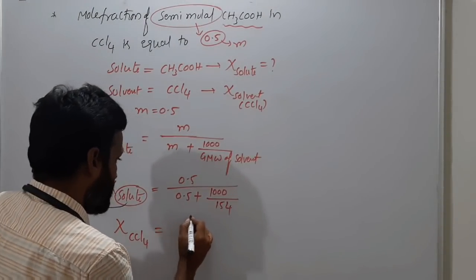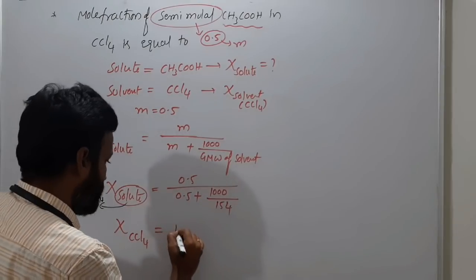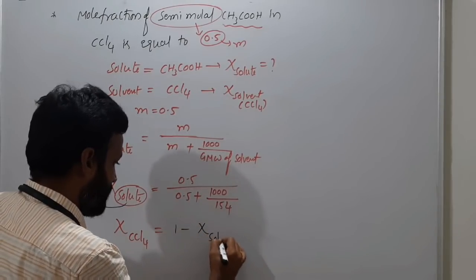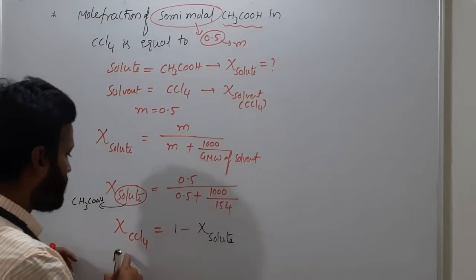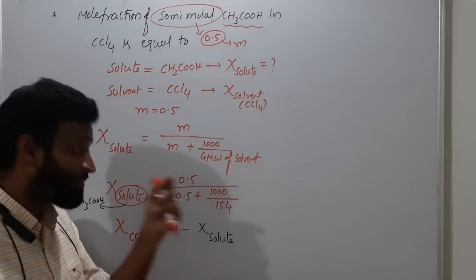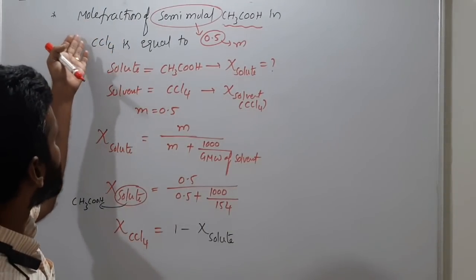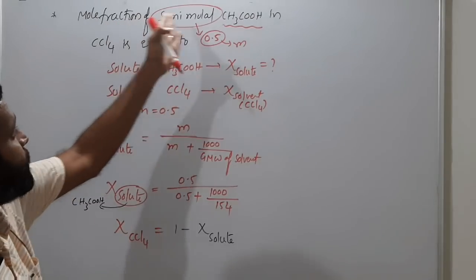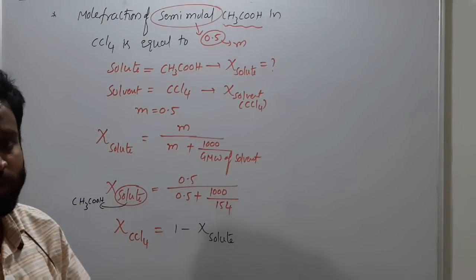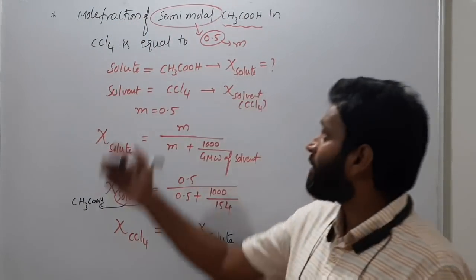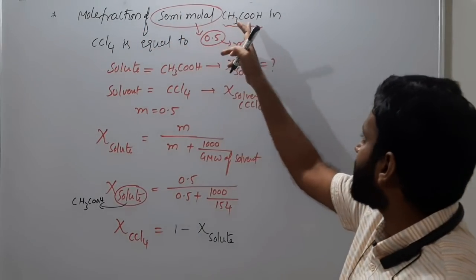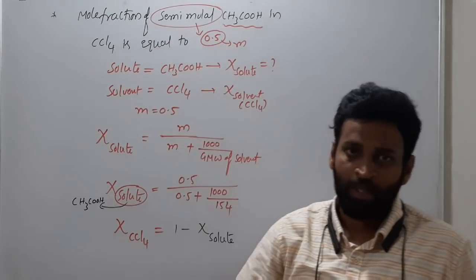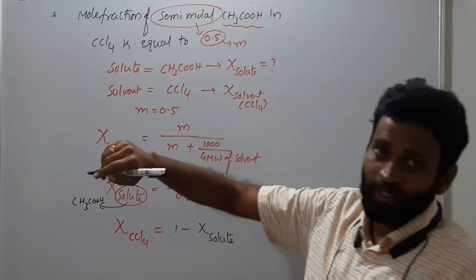So here you have this simplified answer. So 1 minus mole fraction of solute, you will get mole fraction of solvent, if they ask. But in this question, they asked only mole fraction of solute. How do you know, sir, that it is mole fraction of solute? I am asking mole fraction of semi-molal acetic acid in CCl4. So CCl4 is a solvent.